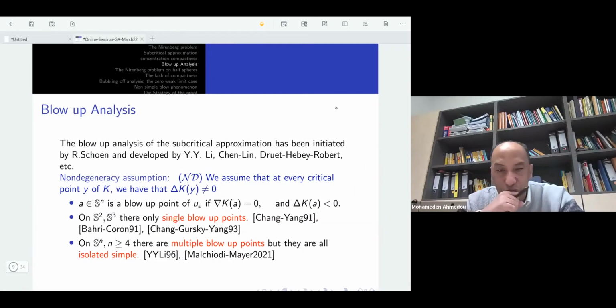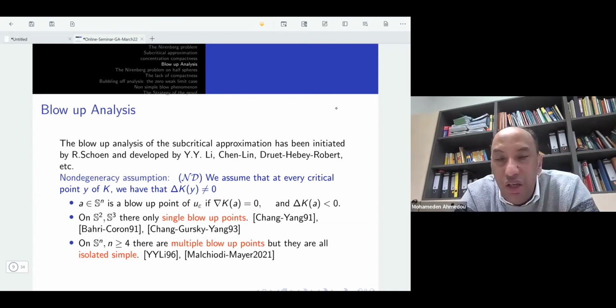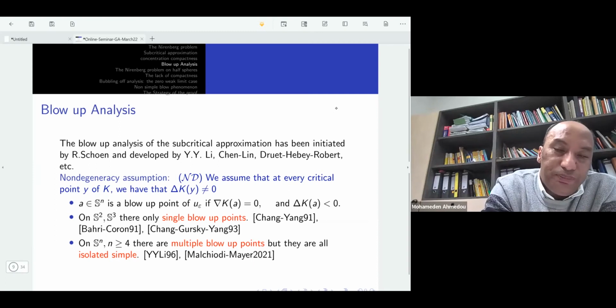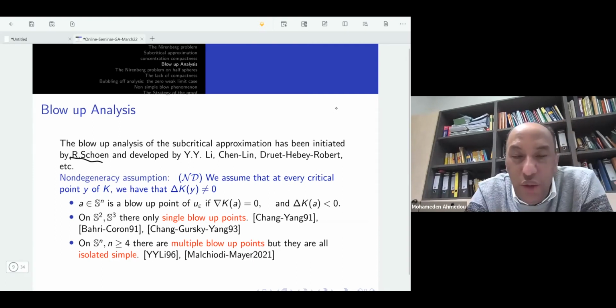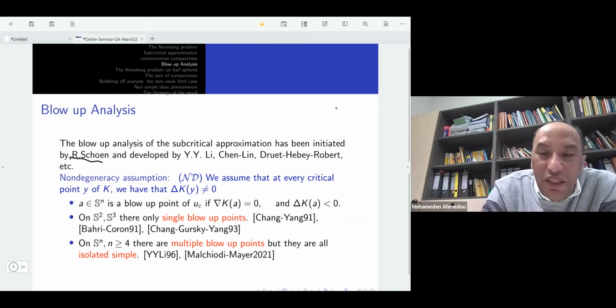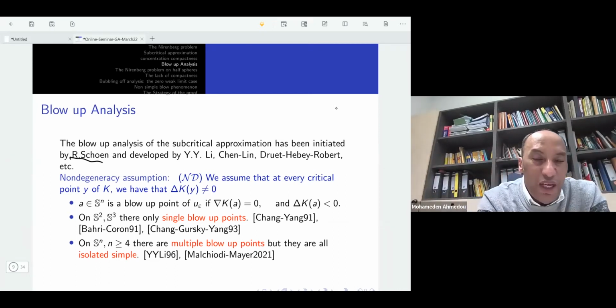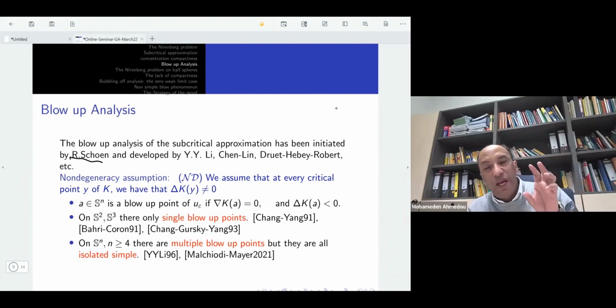This is a very long story, which starts with Rick Schoen and some unpublished notes, and was later developed by Yang Li, by Shen and Lin, by Druyer, Hébert, Robert, among others. Usually you assume the following non-degeneracy assumption: at every critical point of k, the Laplace of k should not be equal to 0.